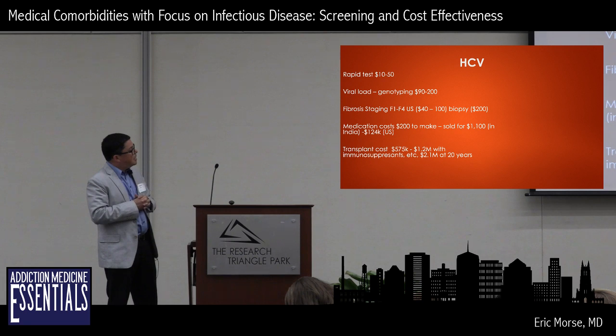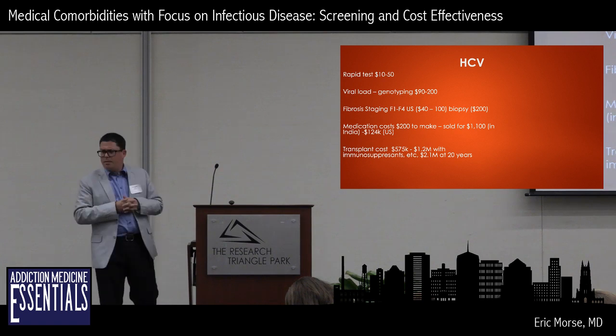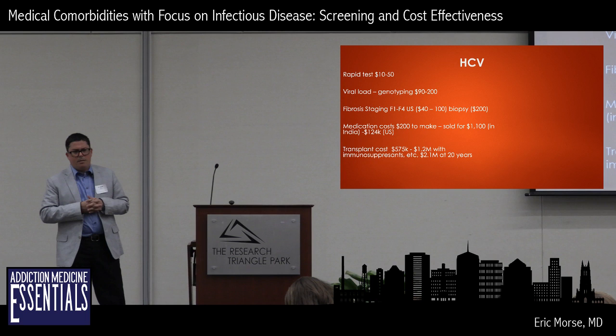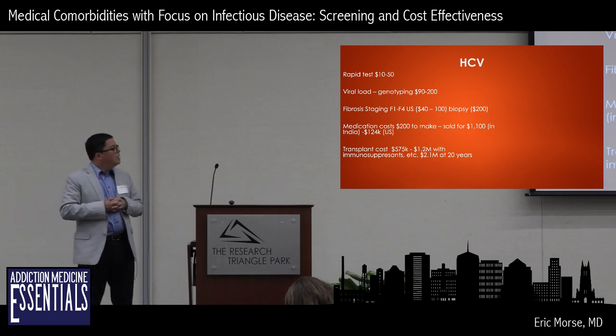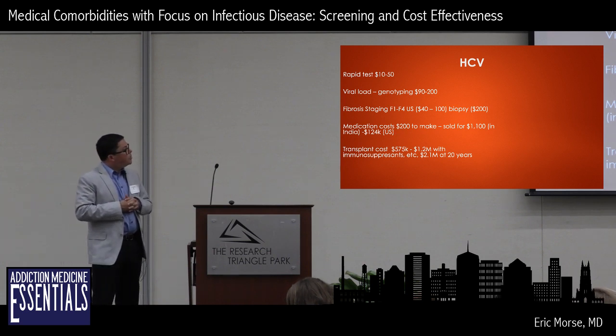Hepatitis, obviously, that's very much on the rise. Like I said, increased 360%. And you're going to see that particularly in folks who are having unprotected sex and using IV with their use.